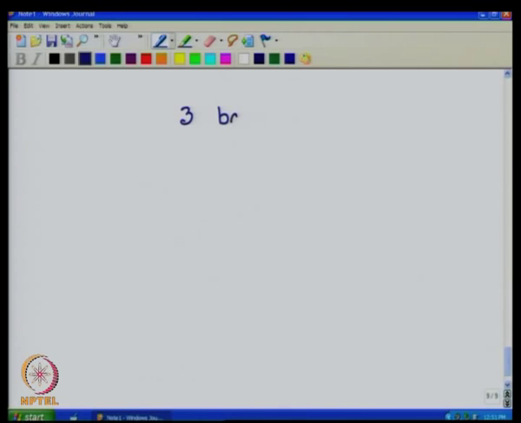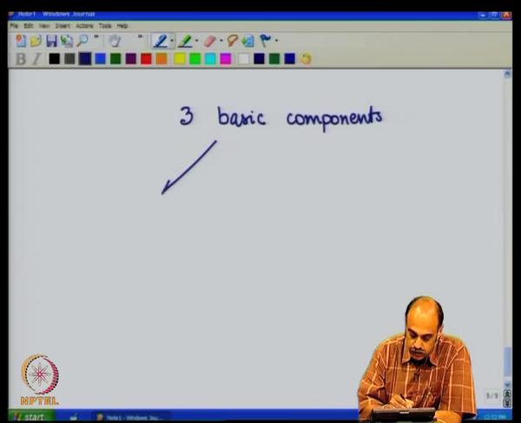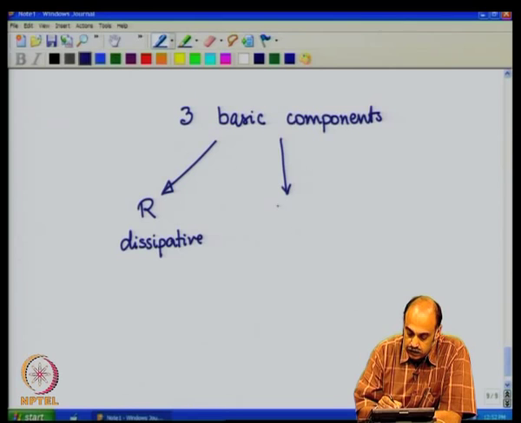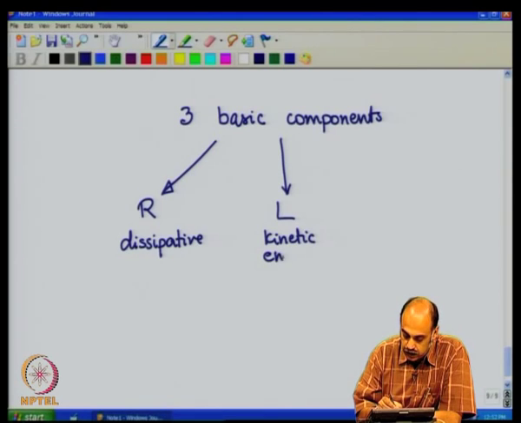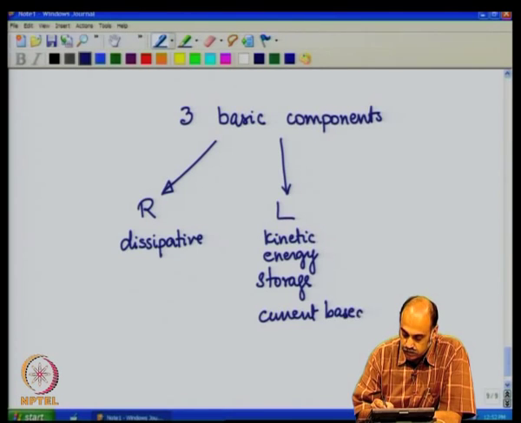Any system, at least the power electronic systems, are composed of 3 basic or elementary components. Which is R, this is dissipative, second one we call it as the L, kinetic energy storage, or current based energy storage.